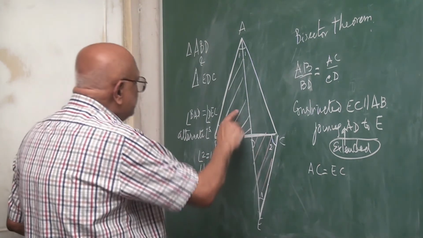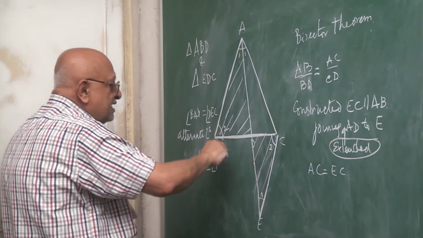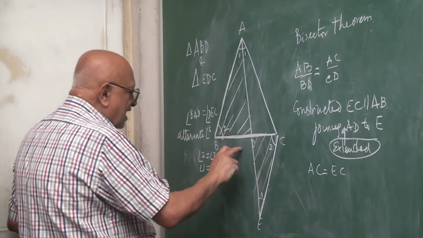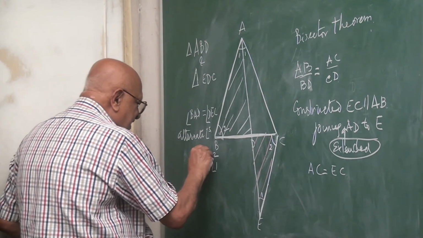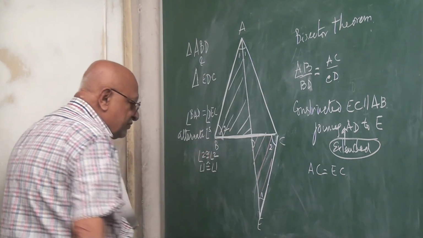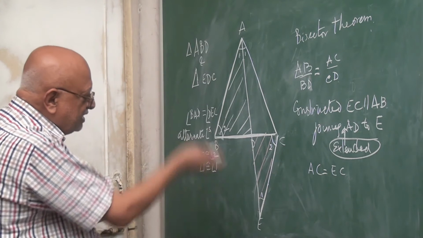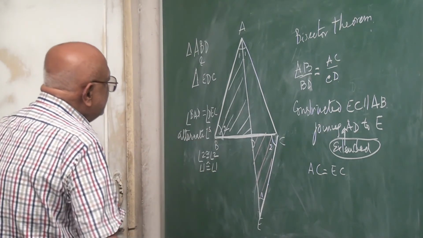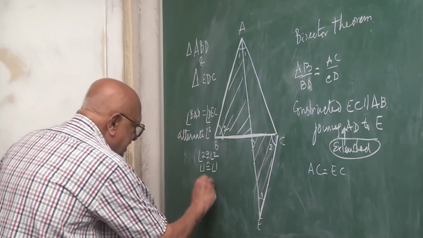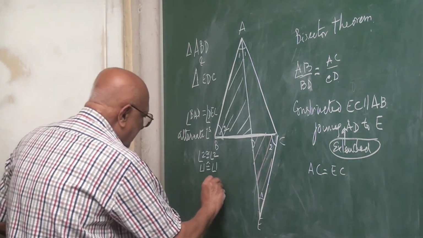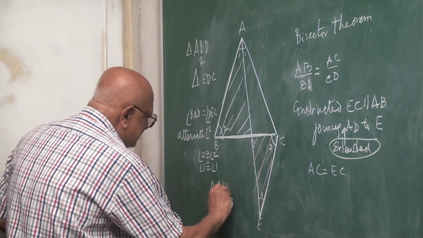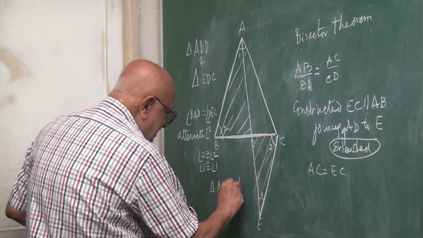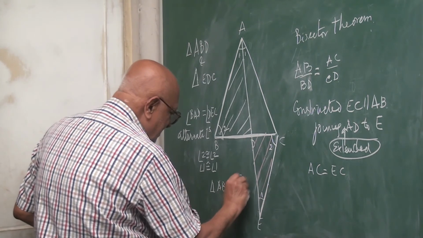So out of these two triangles, I have already proven two angles which are equal, or you can say they are congruent. Okay, they are equal and congruent because they will sit on top of each other. So that means these two triangles, triangle ABD is similar to triangle EDC.